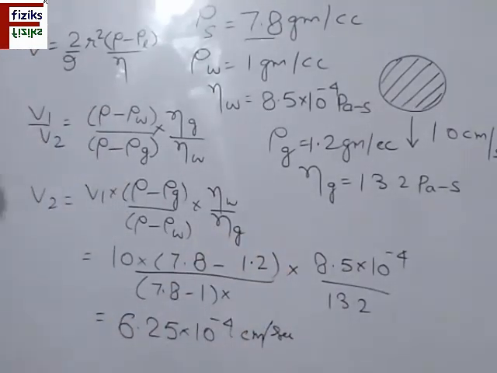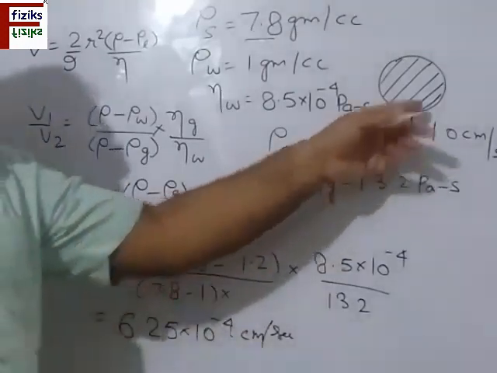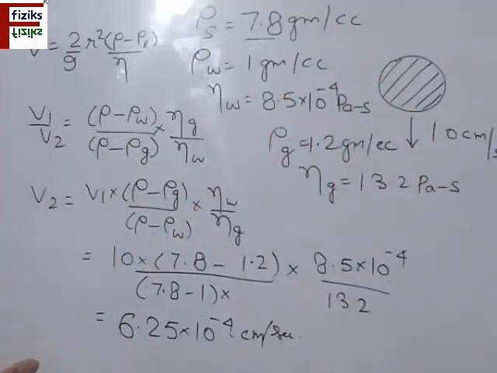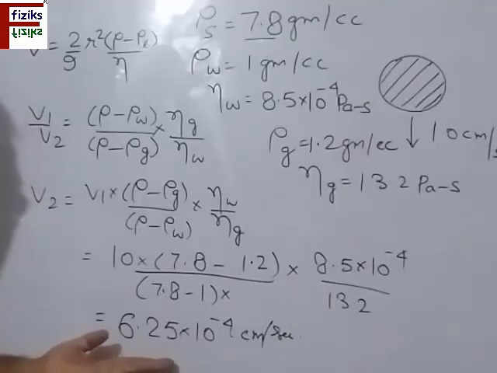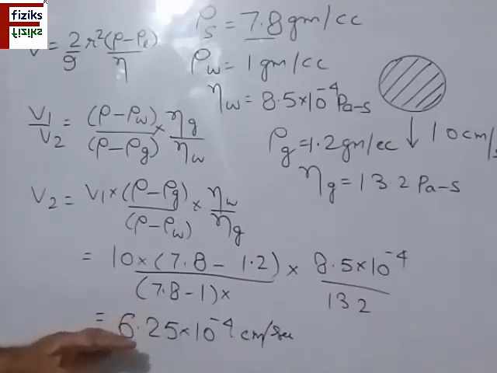So you can see the change. The velocity in case of water, terminal velocity, was 10 centimeter per second, and here it reduces to 6.25 into 10 to the power minus 4 centimeter per second. So this is a large reduction in terminal velocity.